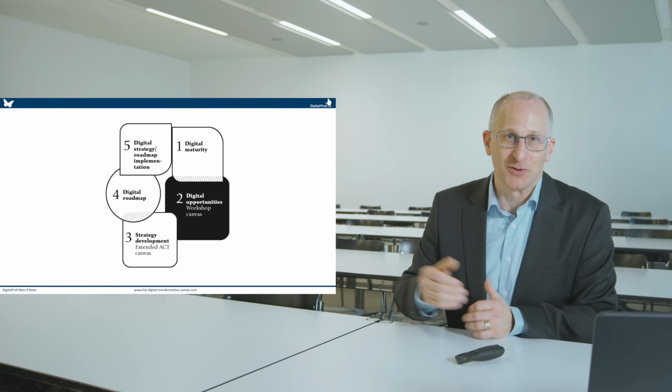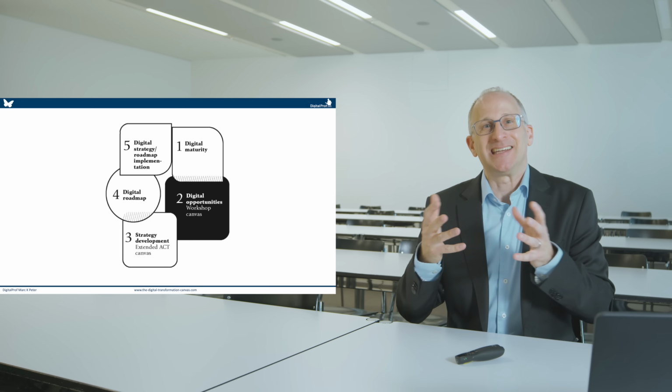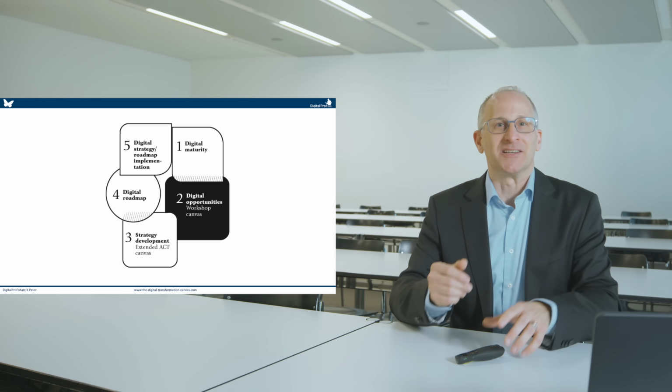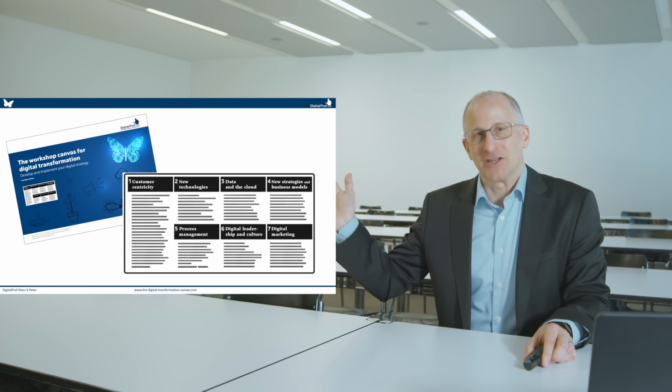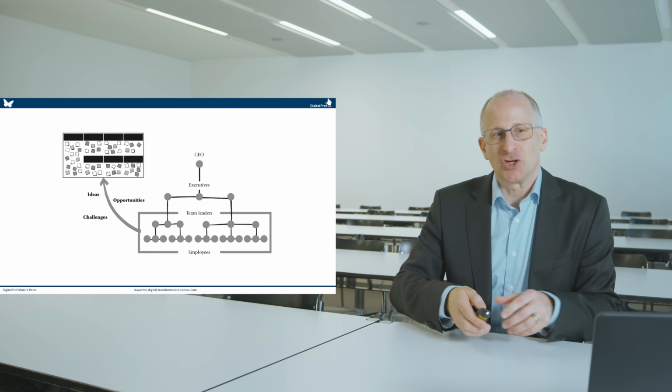In step number 2, we will ideate, brainstorm ideas for our digital transformation. And the tool which we use for that is the workshop canvas of digital transformation. It is a tool that will engage your employees.